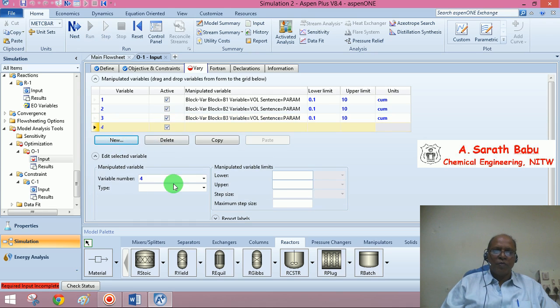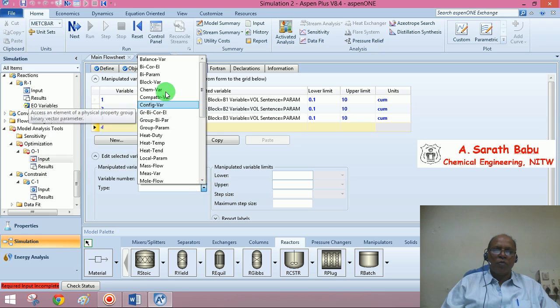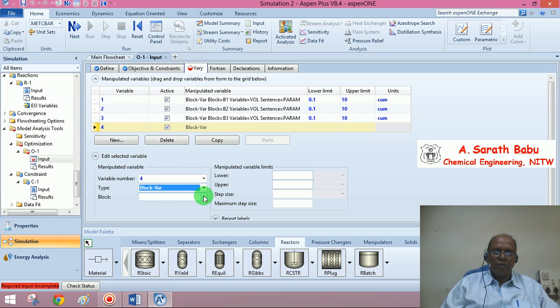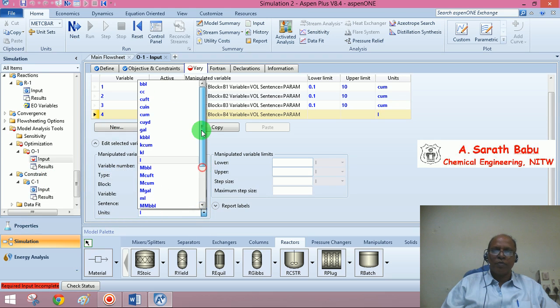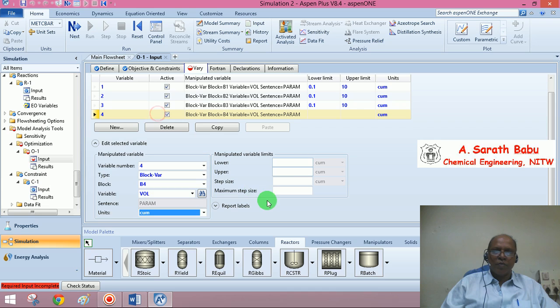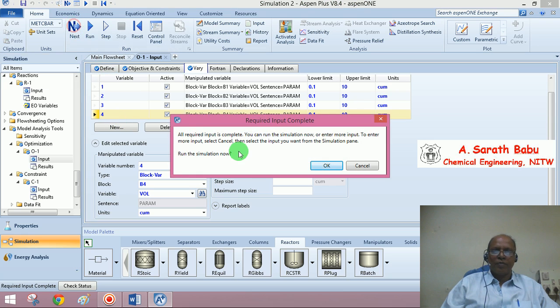New block variable, block is B4, volume, this also must be in cubic meters, 0.1 to 10. Next.